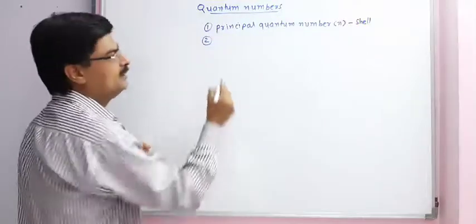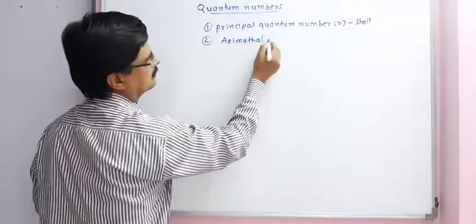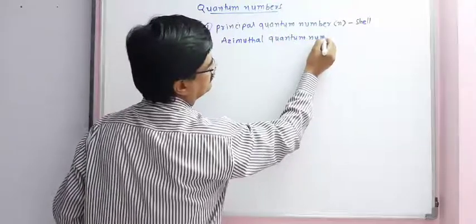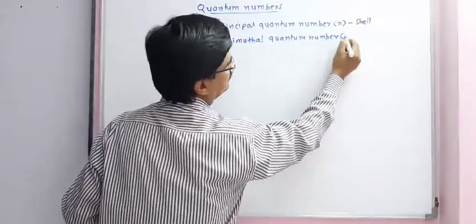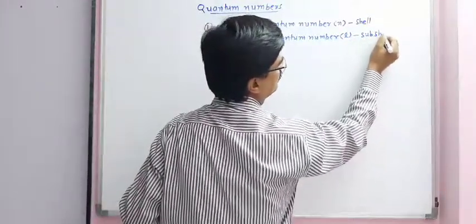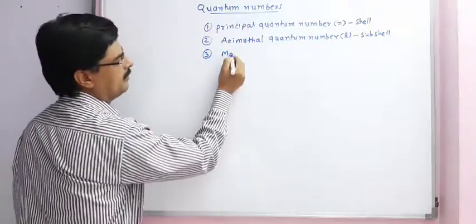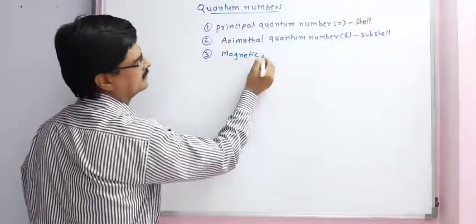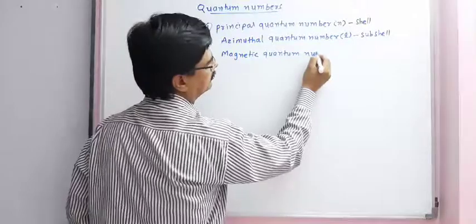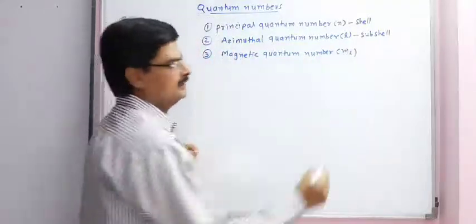Second, azimuthal quantum number, which is denoted as small l. Third, magnetic quantum number, which is denoted as ml.